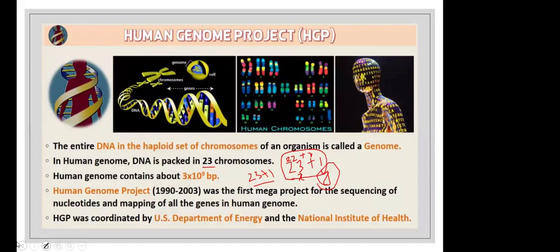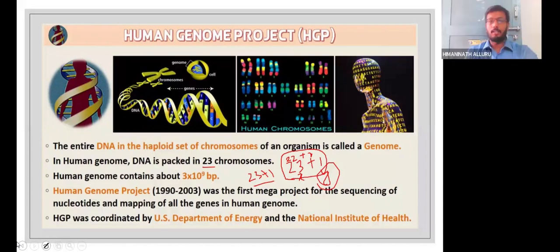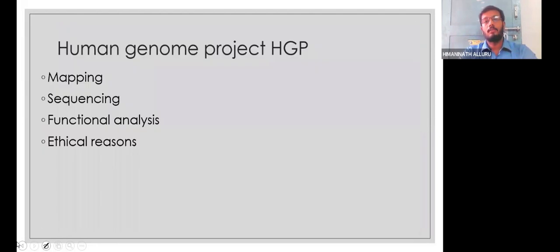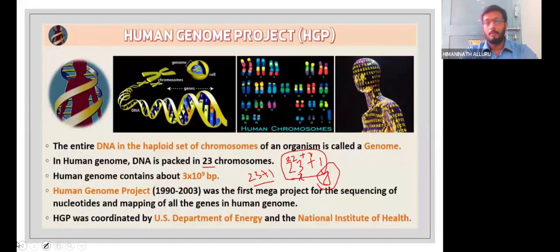If we only store the data, how can we take it and study whenever there is a requirement? So for retrieving the data stored in the computer, separate tools and various software are made. All these things come under bioinformatics. Because of all these reasons, we call it a mega project.